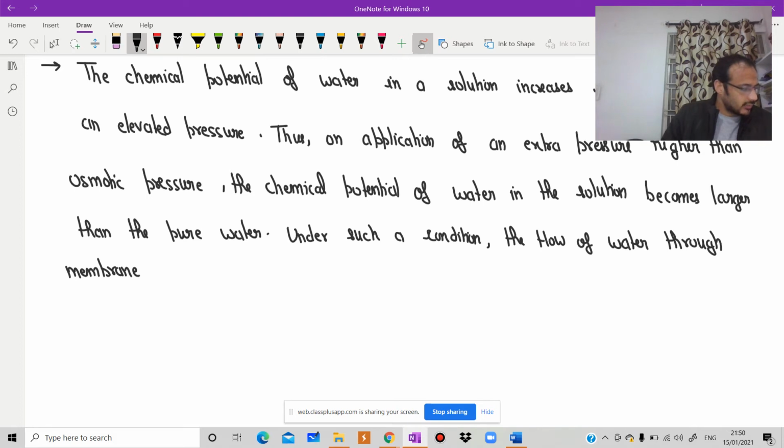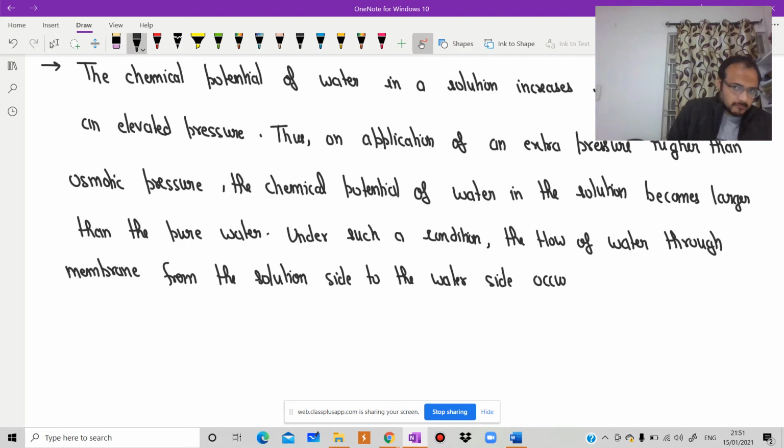The flow of water through the membrane from the solution side to the water side occurs, and this process is known as RO, reverse osmosis.